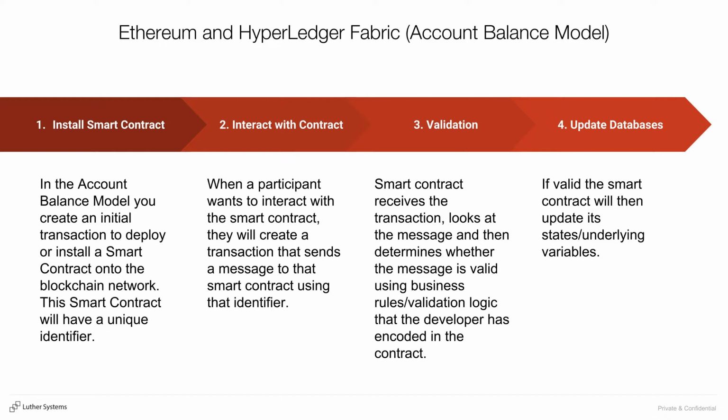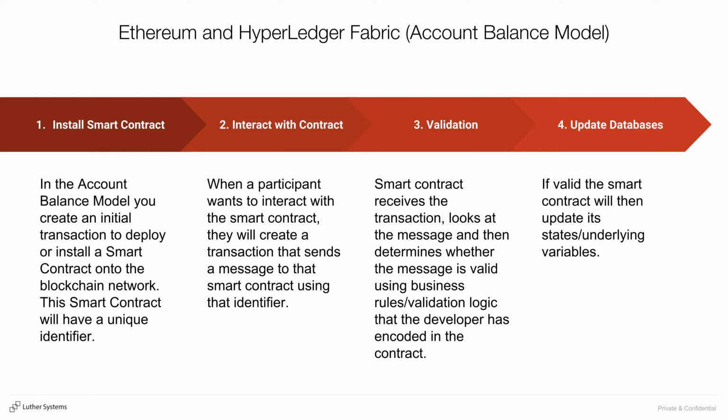The smart contract receives that transaction, looks at the message, and then determines whether or not the message is valid using the business rules and the validation logic that the developer encoded in the smart contract. And then the smart contract will update its state.